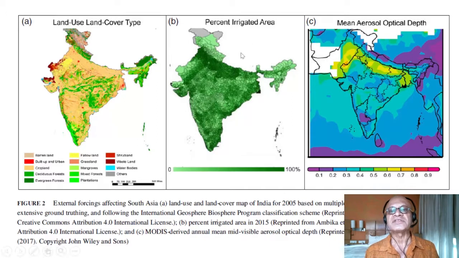This is the percentage irrigated area over India, and the land use types here include barren land, built up and urban areas, croplands, fallow lands, and so on to water bodies. And there are multiple types of impacts. One is that the land use type itself, for example, soil moisture, urban heat island effects, and orography, etc., make a dynamical and thermodynamical difference and precipitation efficiency differences for creating extremes.